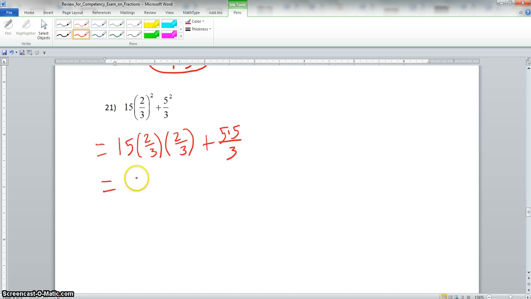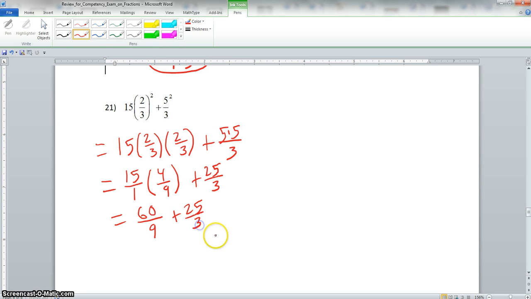So we can make this 15 over 1, and this will be 2 times 2, which is 4, and 3 times 3, which is 9. Plus, this will be 25 over 3. Now, 15 times 4 will give you 60, and 1 times 9 is 9, plus 25 over 3.